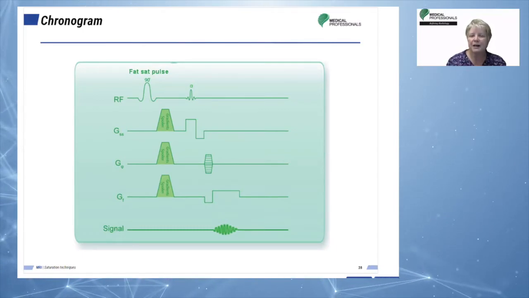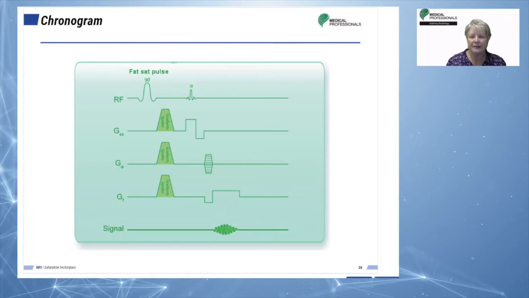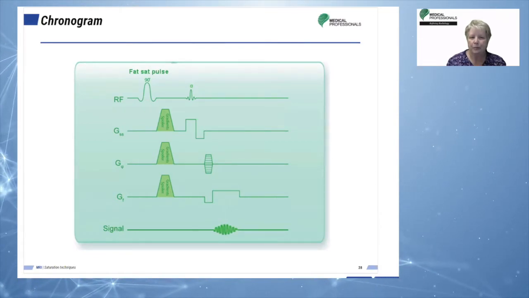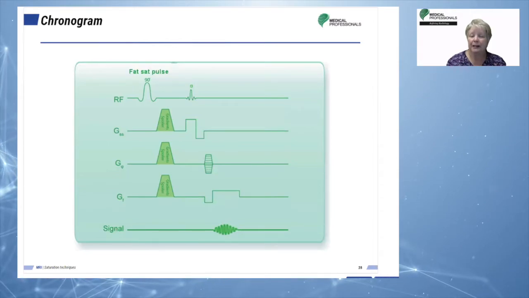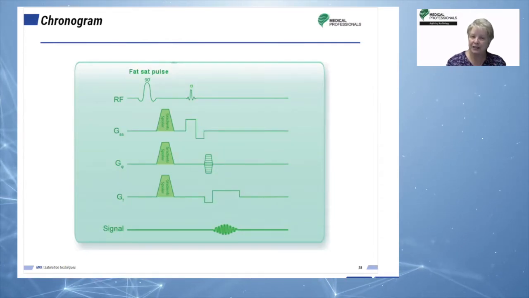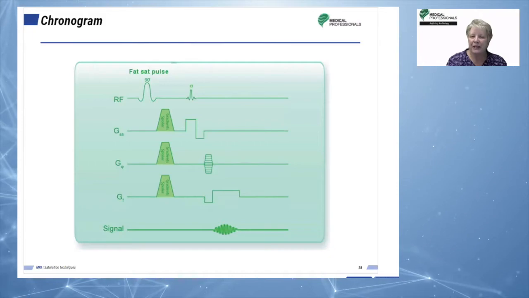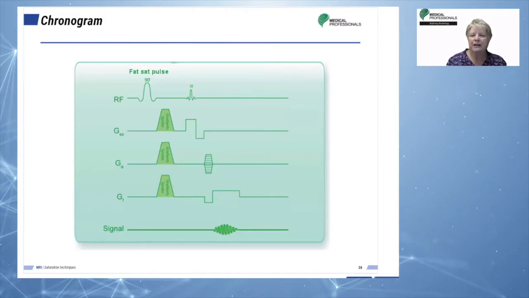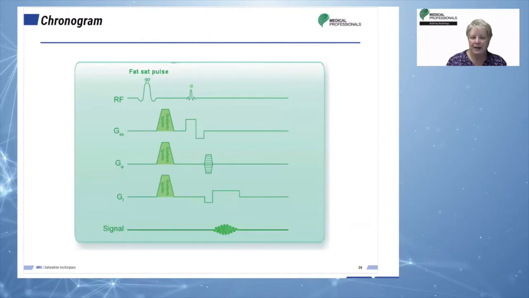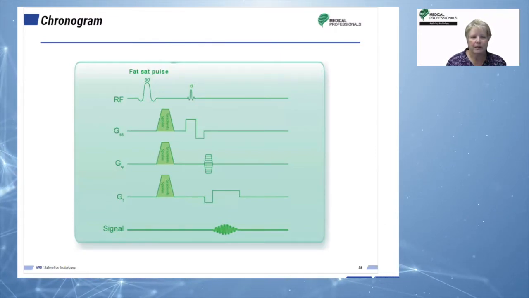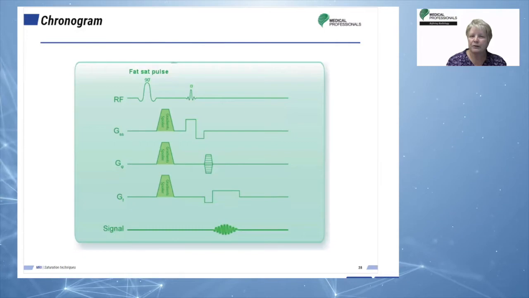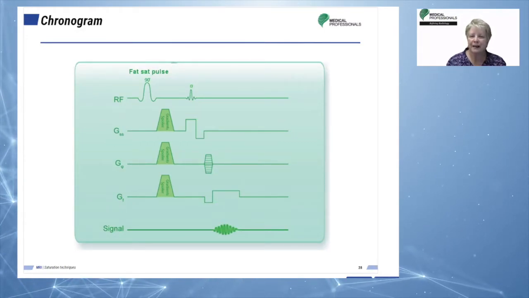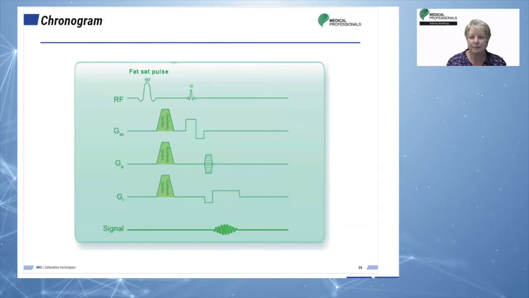The fat signal has been suppressed and a standard MR sequence can now be initiated. The resulting image, that image that we get from this sequence in principle, has no contribution from fat spins. The RF pulse used in a spectral fat saturation must be designed to excite only fat spins.